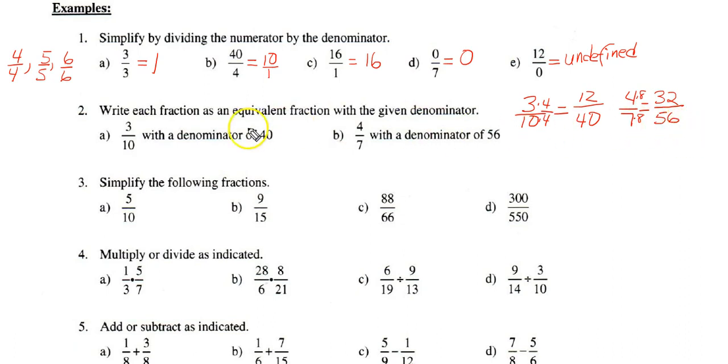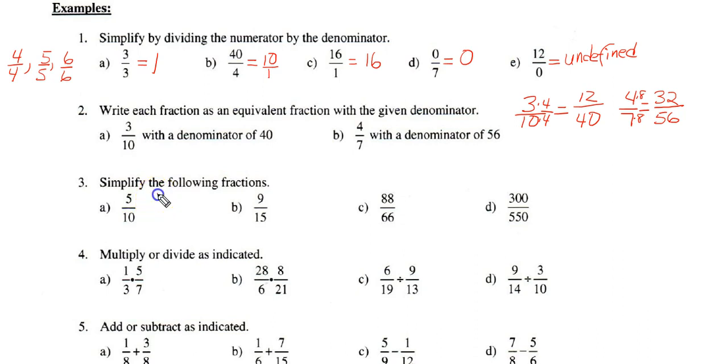Now, we're going to do some simplifying fractions here, but notice what we did to convert 3/10 into 12/40. We multiplied it by a 1 in the form of 4 over 4, and this one by a 1 in the form of 8 over 8 to give us this. So we're sort of going to undo this down here.